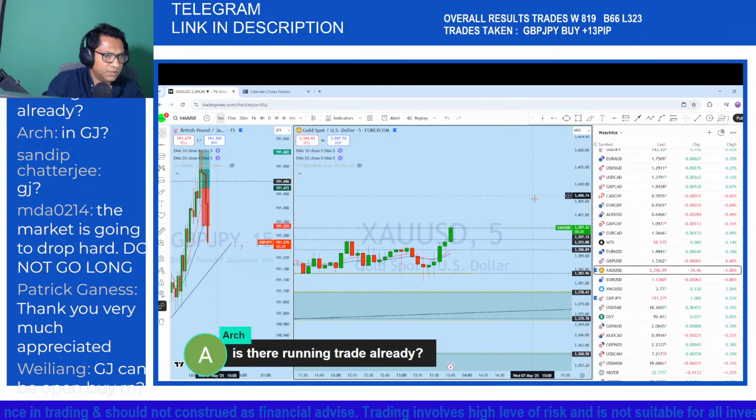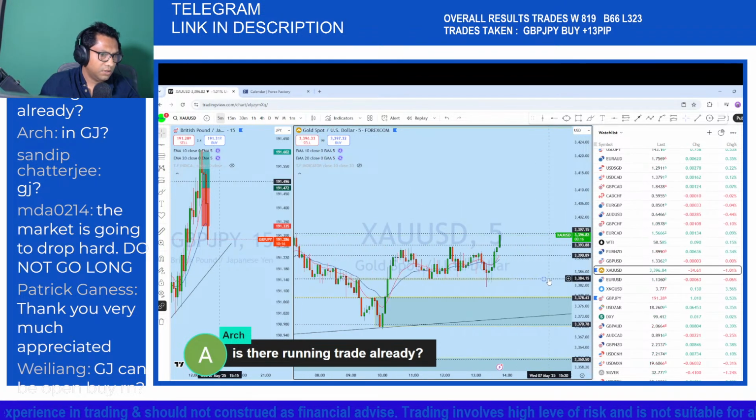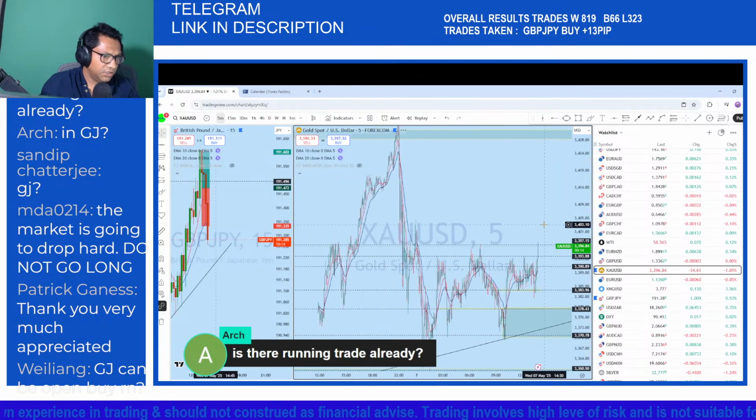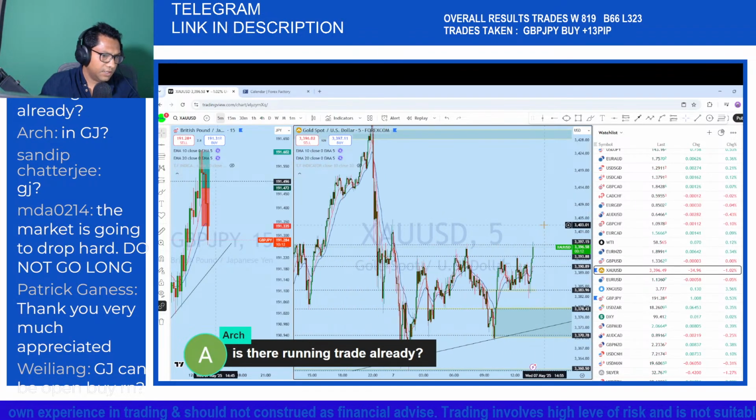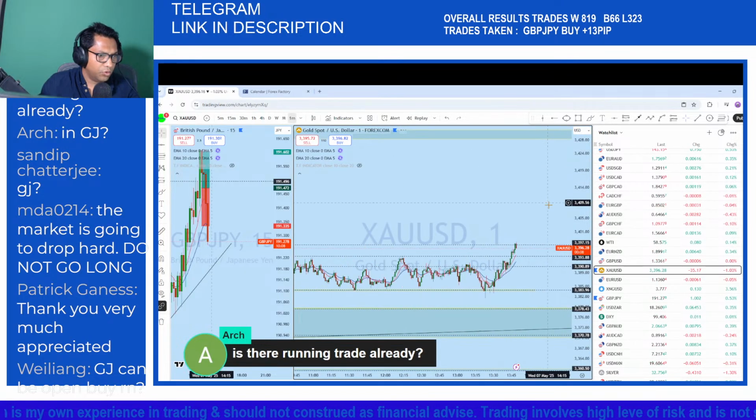Now, as the market is above the resistance line, let's now think of any entry in the direction of the trend. So wait for a pullback here.